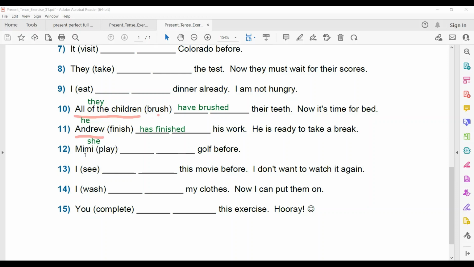I can say that this subject is singular. That's why I don't even need to put it into gender or pronoun. It can be whatever. Mimi, for me, is just singular, third person. And I put it into a different form of the verb have, right? Has, for third person singular, for he, she, it. And I say has played golf before.